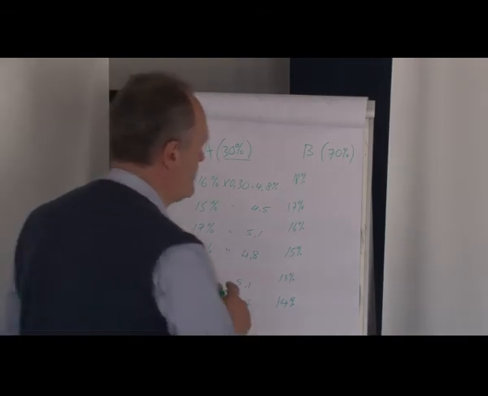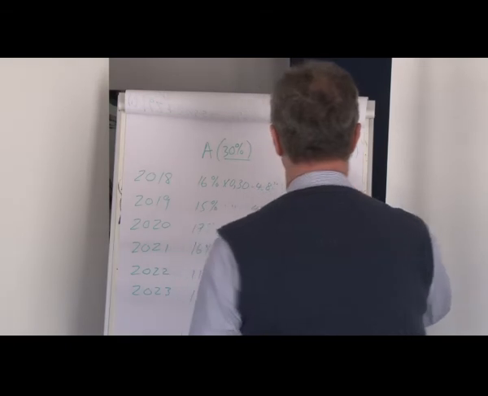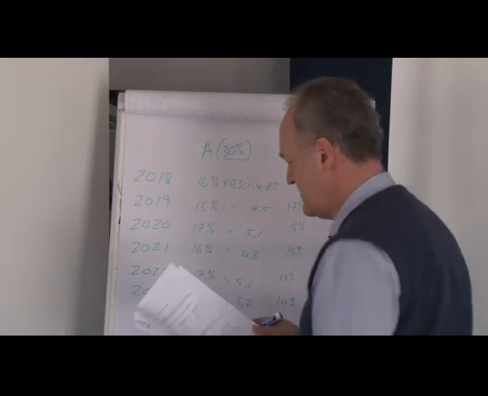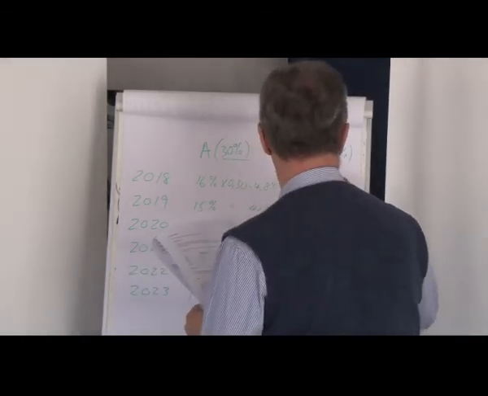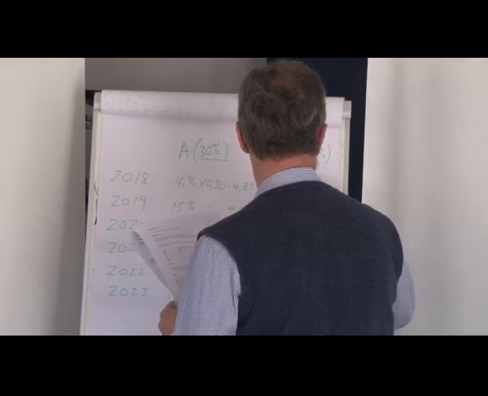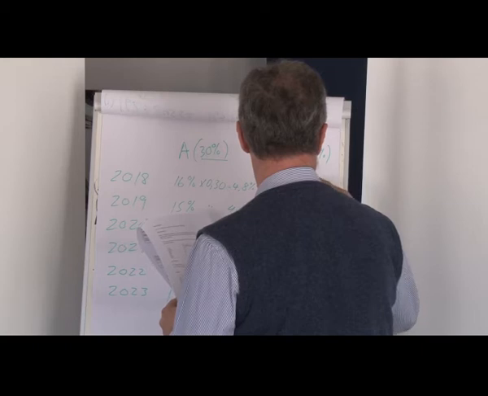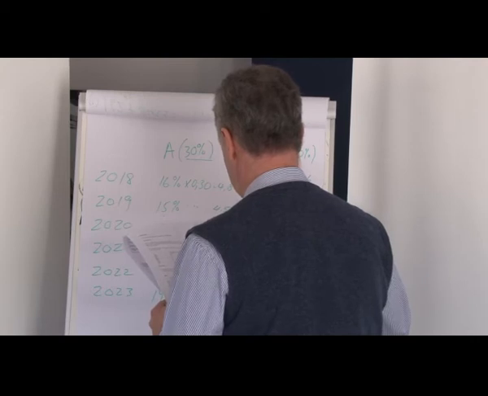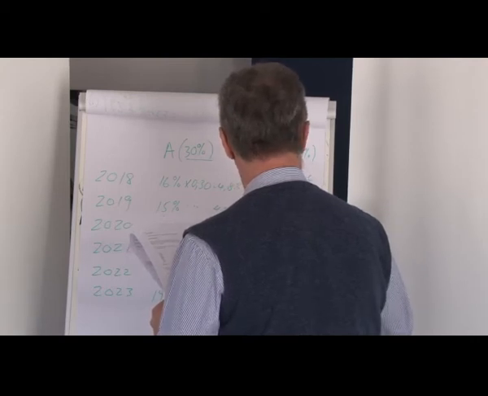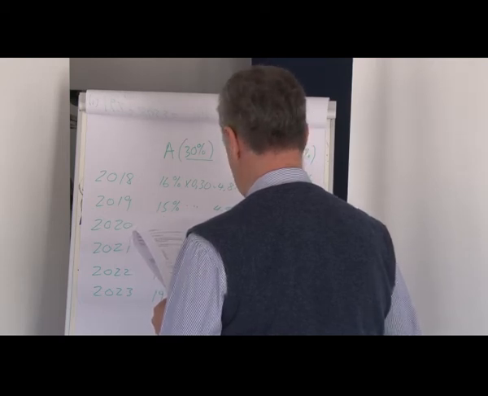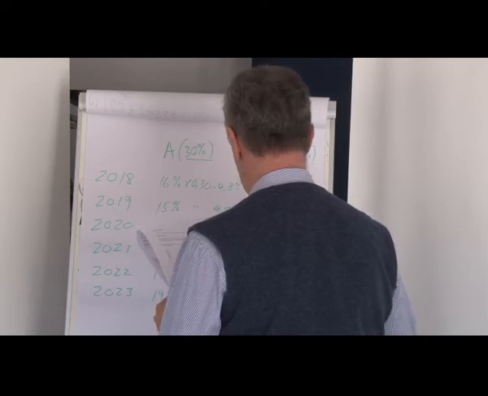It's a percentage. You do the same with property B, but you multiply with 0.7. If you multiply that by 0.7, you get 12.6, 11.9, 11.2, or is this 10.2?